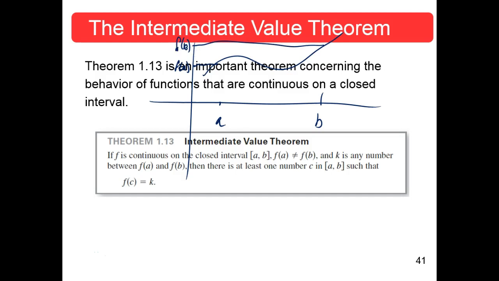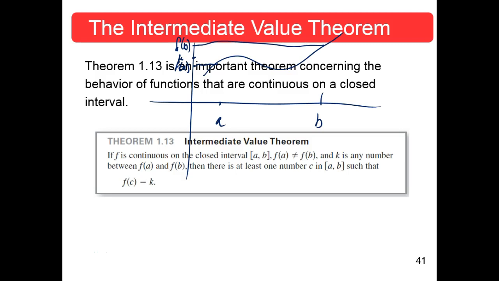They just can't be equal to each other. Now, k is any number between f of a and f of b. So k can be anywhere in here. It can be close to f of a, it can be close to f of b. It's just anywhere between f of a and f of b.